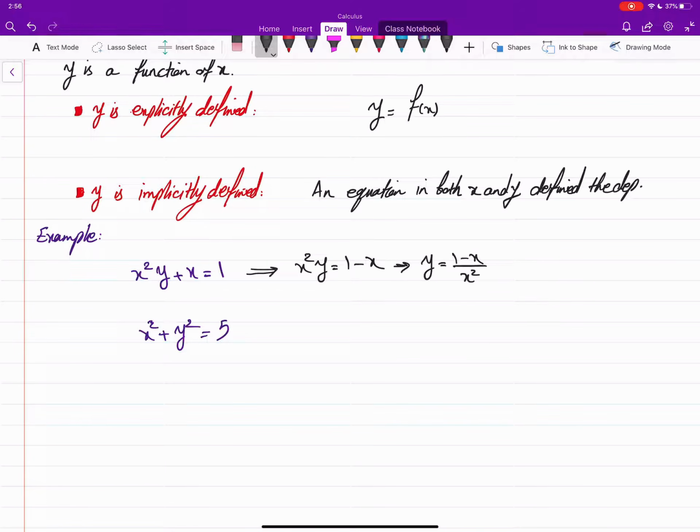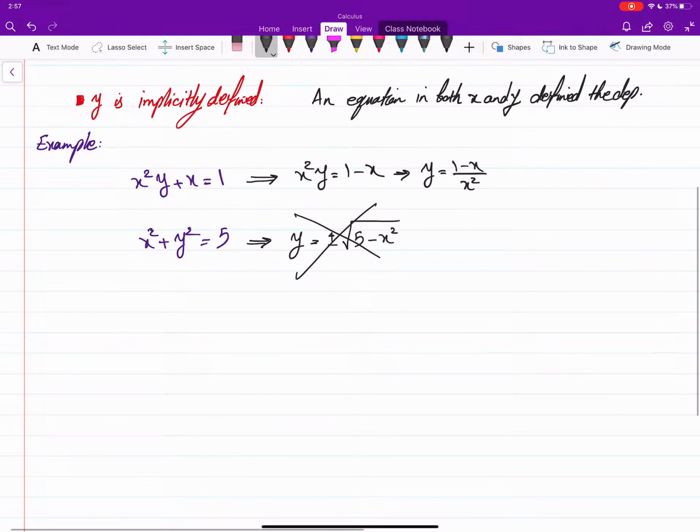But for this other one, there is no way we can do this, because y is going to be plus or minus the square root of 5 minus x squared. So basically, this equation does not give us an explicitly defined function. There are ways to make sense of how this is a function of x, but definitely not explicitly.